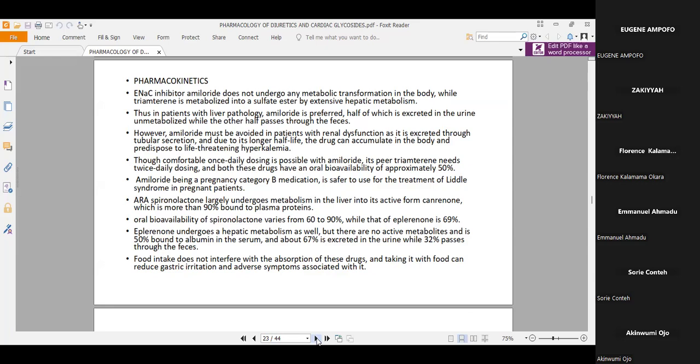However, amiloride must be avoided in patients with renal dysfunction because it is excreted through tubular secretion, and it also has a longer half-life. So the drug can accumulate in the body and predispose to life-threatening hyperkalemia.